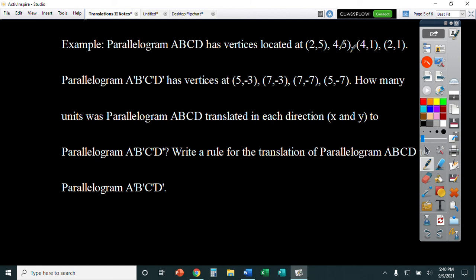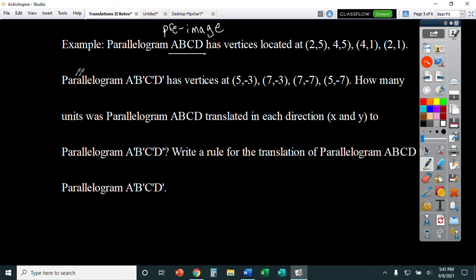This parallelogram is really a rectangle, but it has vertices here. And then the parallelogram with no prime marks, that means this is the image. I see, even I got it wrong, sorry. This is the pre-image. Pre meaning before I do anything to it.